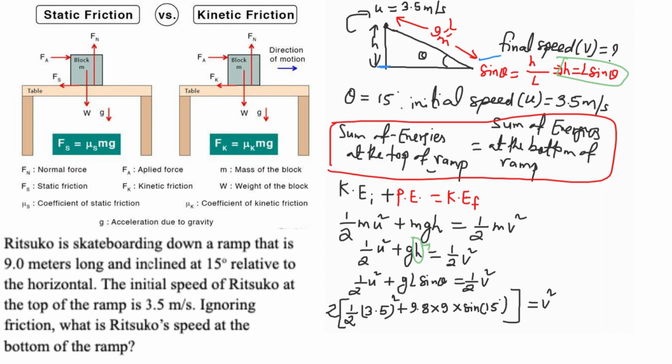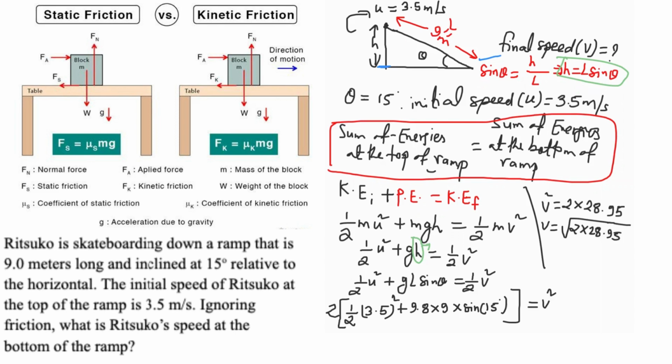I got all of these values. I got my v square to be equal to 2 multiplied by 28.95. v is equal to the square root of 2 times 28.95.